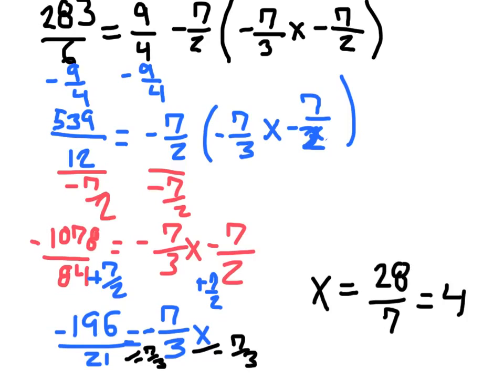We were able to add 7/2 to undo its subtraction, and we got to our next stage, and we saw that the negative 7/3 was being multiplied by the x, so we divided it, and then we got to our final stage, which was our divided fraction, x equals 28 over 7, and we were able to further simplify that down to 4. And that is how we kept undoing things to get to our final answer, 4.